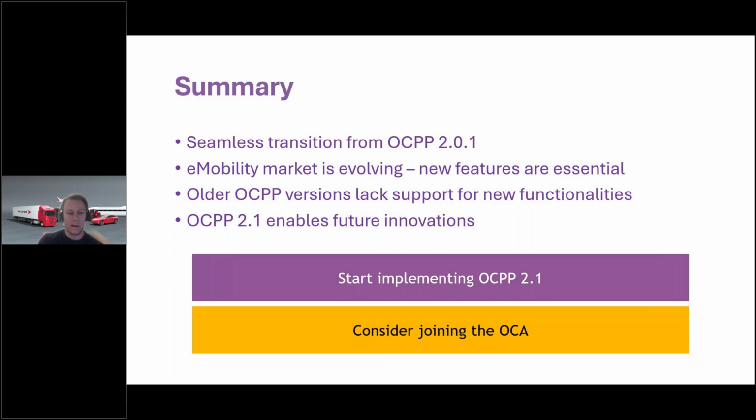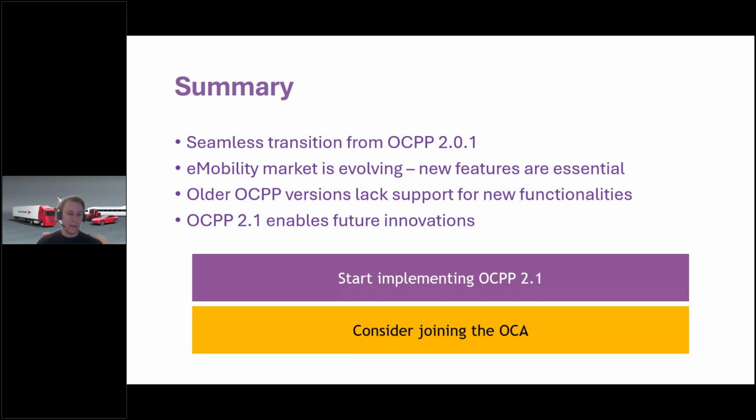There are new features around the corner, of course, and therefore it's really important for us that we can publish new OCPP versions and make the market able to implement these new OCPP versions without huge migration risks and effort.